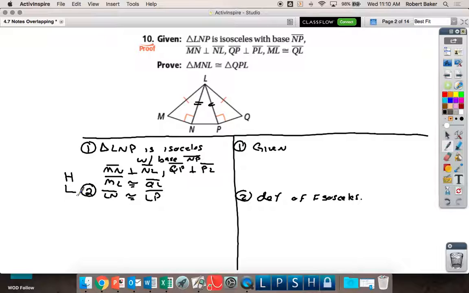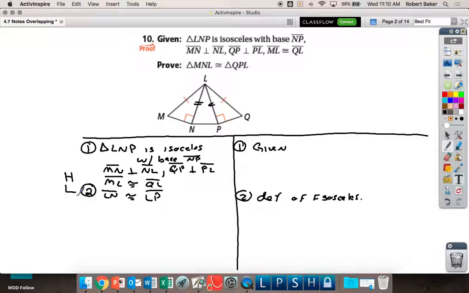I'm almost done. Oh, angle. Okay, so they gave me an H statement. I used the definition to get my L statement, but I must state that they are right triangles. And then angle MNL and angle QPL are right angles.